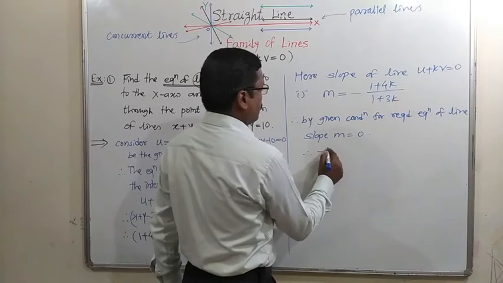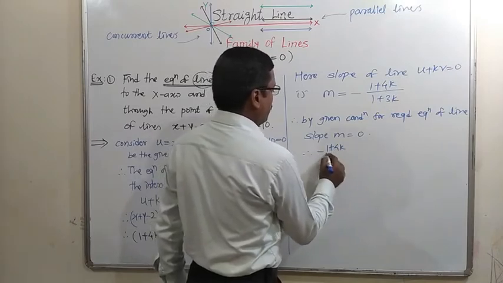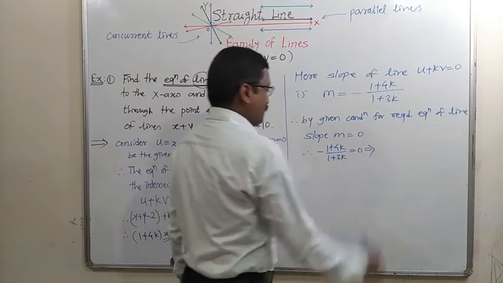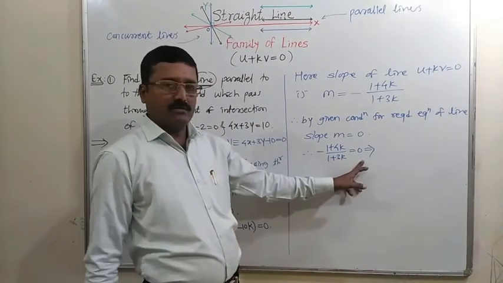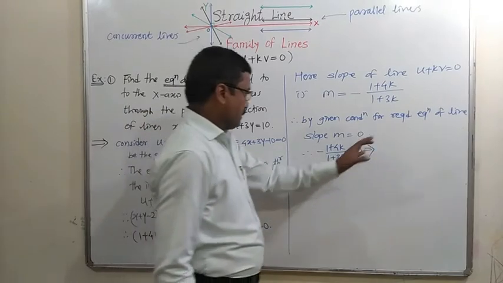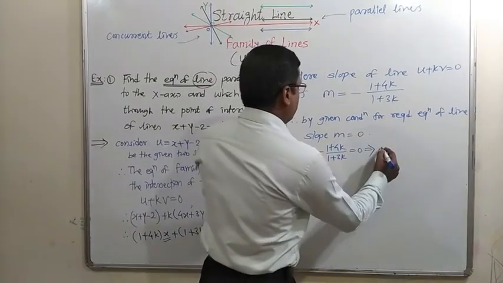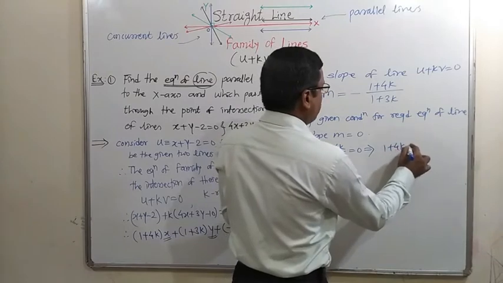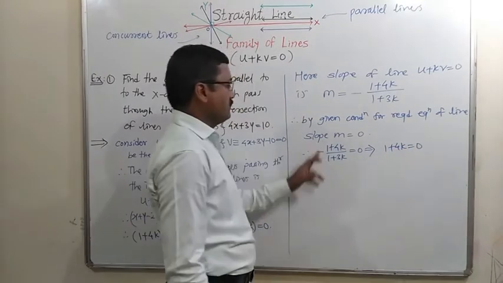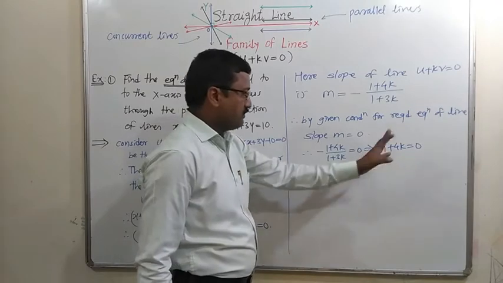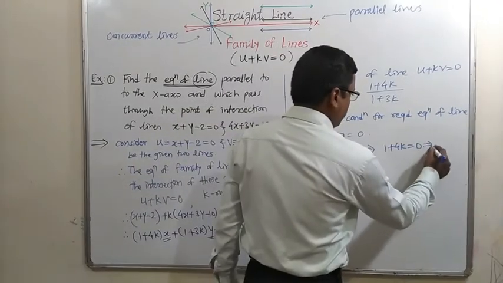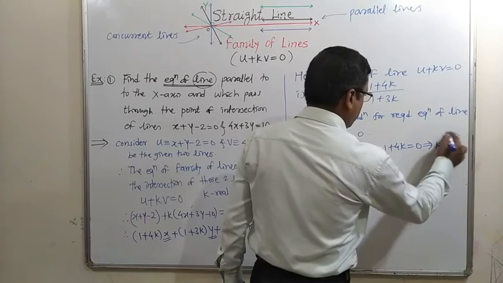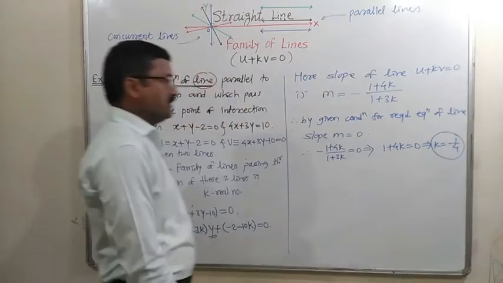Therefore, minus of (1 plus 4k) upon (1 plus 3k) is equal to 0, which implies this denominator will cancel, the negative sign also will get cancelled, so we get 1 plus 4k equal to 0. Because this ratio is 0, the numerator will be 0, which implies k is equal to minus 1/4, and that is the important value here.